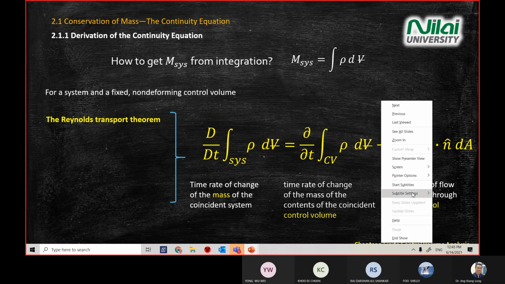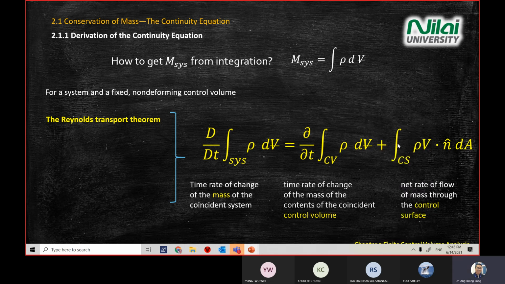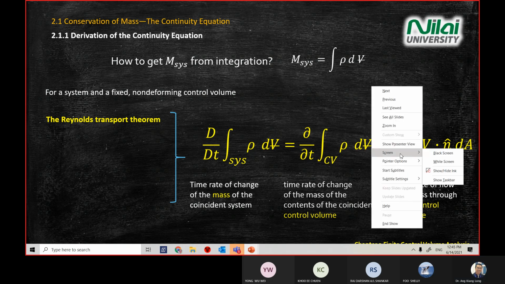Okay, just pay a little bit of attention to the differences between these 2 terms. There's a difference between the control volume and the control surfaces. If you look at control volume, you take rho times dV, meaning rho times volume. Again, you get mass. Mass divided by t, you get the mass flow rate that goes through the control volume.